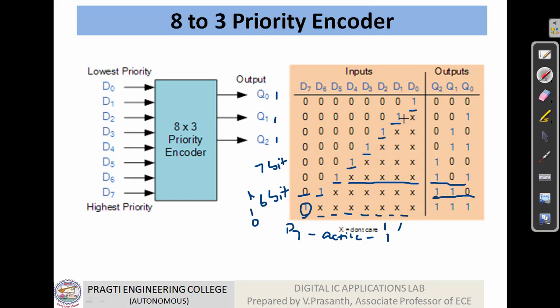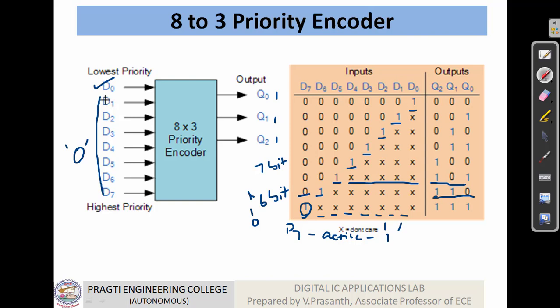So this is the case. See here, D0 being the lowest priority, for it to be active, D1 to D7 should be 0. Only then can D0 be active. Otherwise, D0 will not become active.